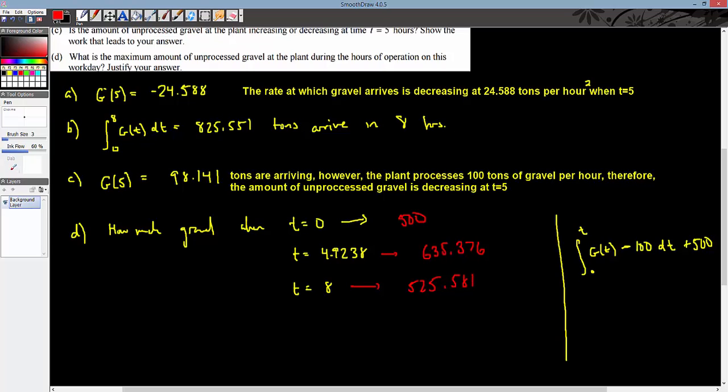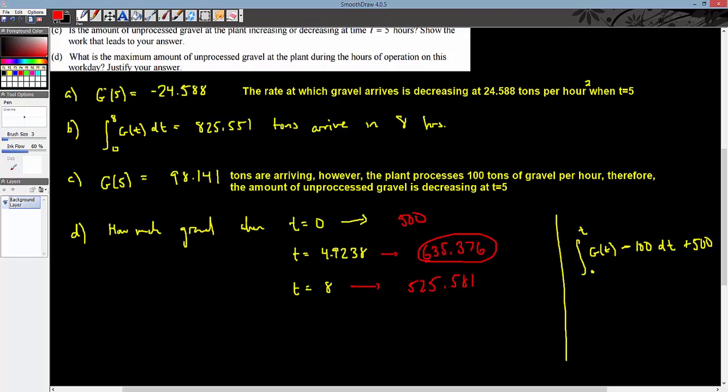Again, how I got those was I integrated from 0 to 0 for the first one. For the second one, I integrated from 0 to 4.9238 in the calculator. Got that. And then I integrated from 0 to 8 of the same function. Every single time I added 500 after the fact. So this is where your maximum occurs.